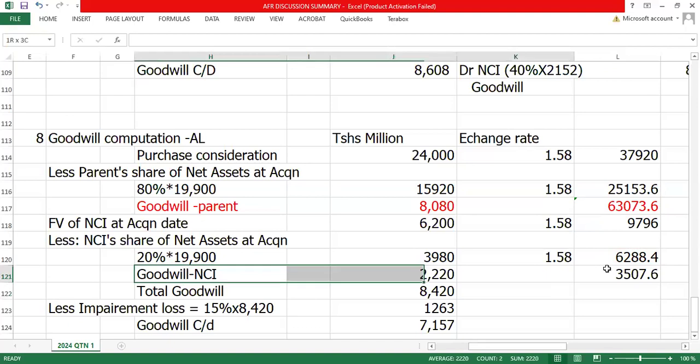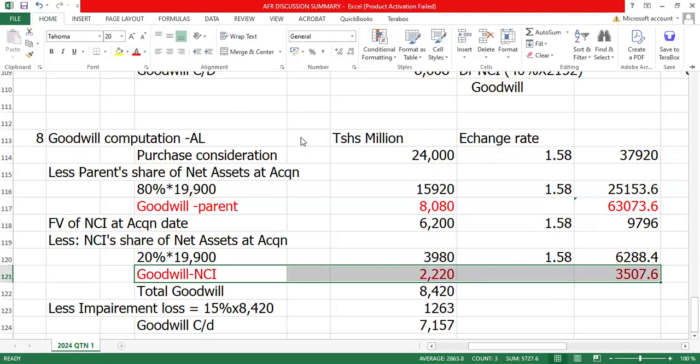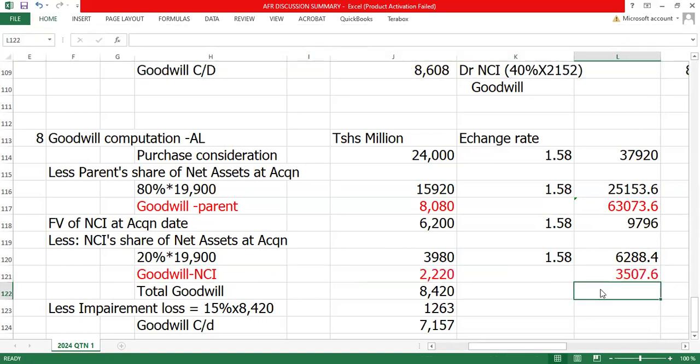That is the one of the NCI. If you use that approach, then finally the total goodwill is the one of the parent plus the one of the NCI. Then you subtract the impairment. This impairment is coming at year end. Do you agree?